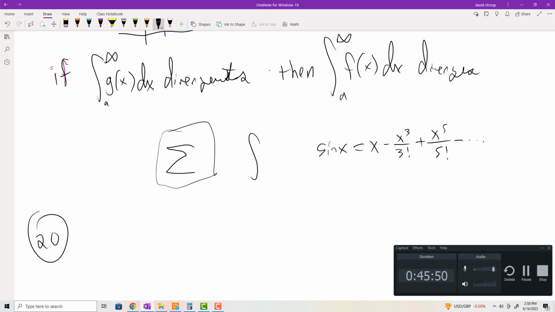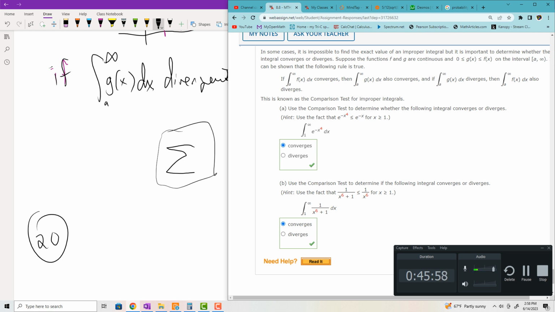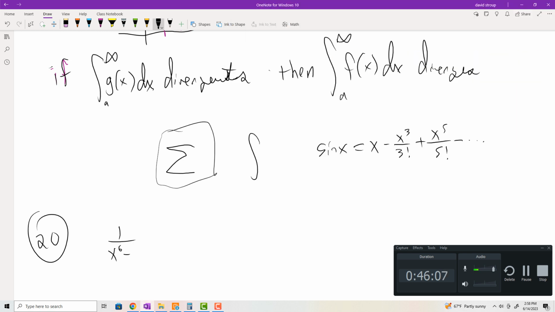And in particular, the problem, let's take a look at part A or part B or something. Let's look at part B, I guess. So we know that 1 all over x to the 6 plus 1, comparing that to 1 over x to the 6, how do those compare?